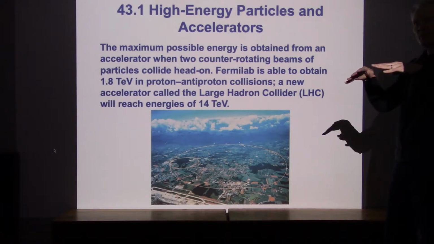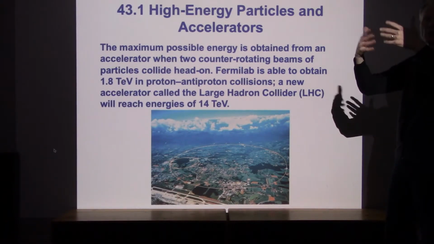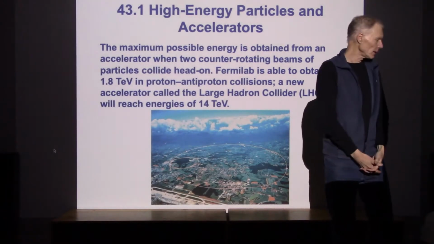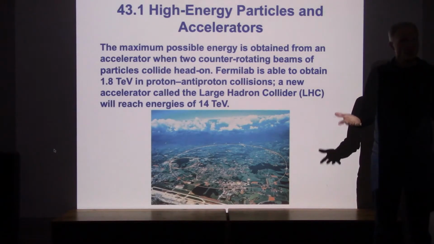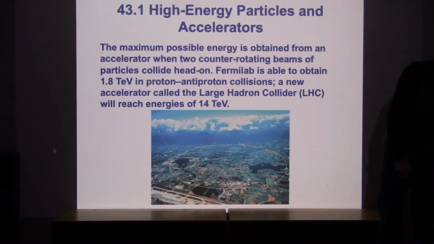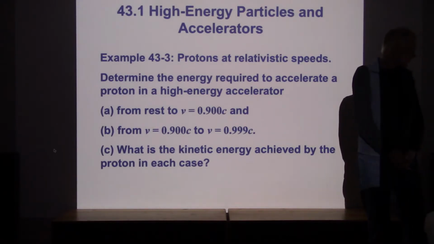So we went from MeV to GeV, and now to TeV, which is thousands of GeV in terms of energy. So the possibility of generating particles 1,000 times the mass of protons. 14 TeV, so a little bit beyond that.